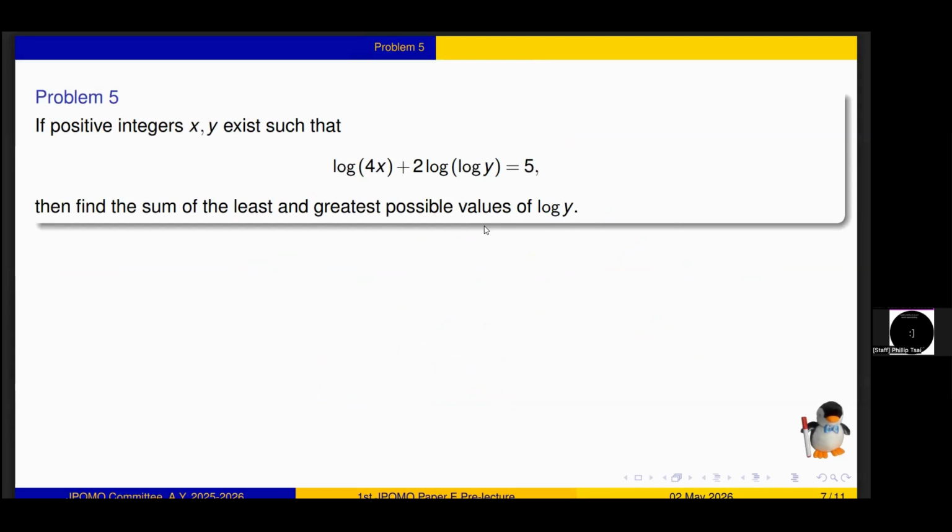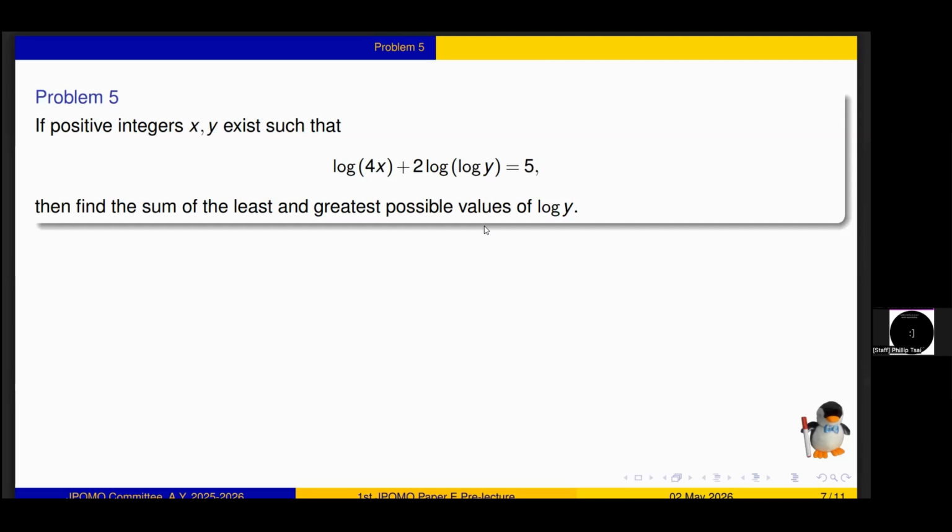I'm sorry, does anybody have an answer to this? Okay. In that case, I'll explain the solution.